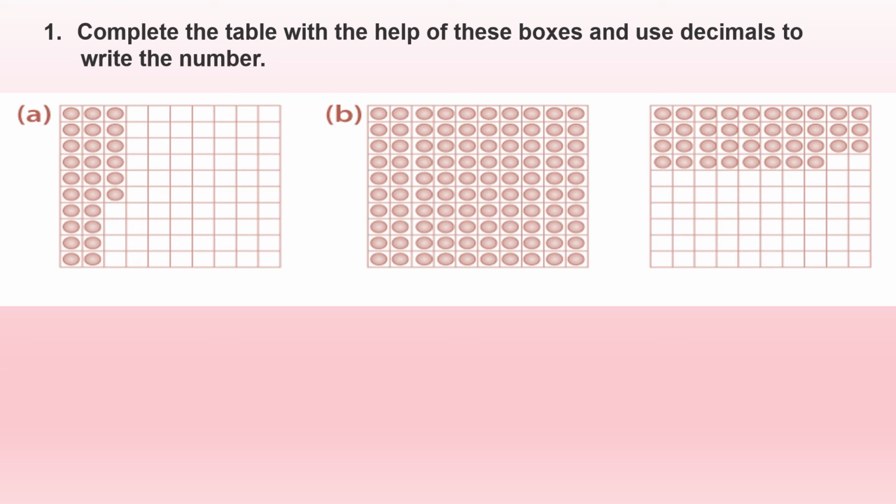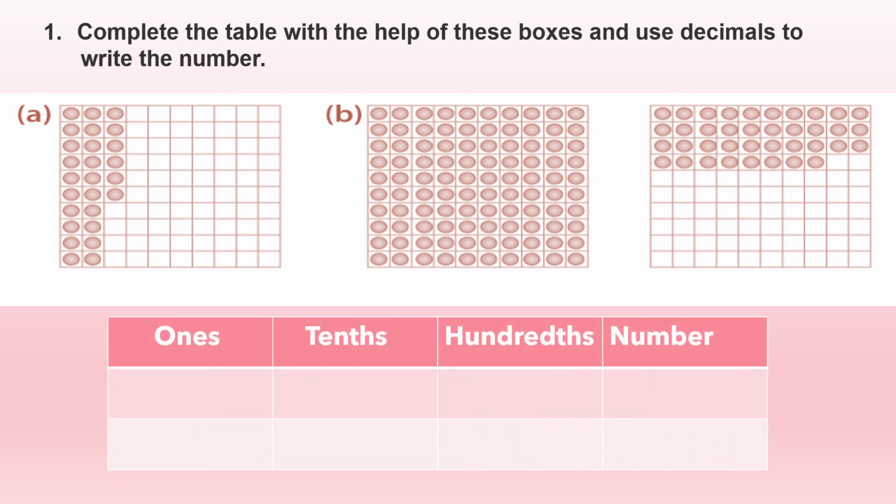So we have two questions here. In the first one, we don't have any ones, any wholes. So 0 ones, and how many tenths are there? 2 tenths are there. Then hundredths, 1, 2, 3, 4, 5, 6. So 6 hundredths are there. So 2 tenths and 6 hundredths.